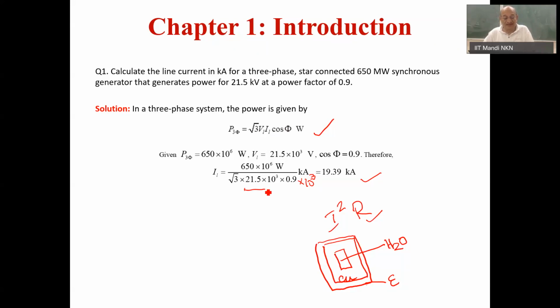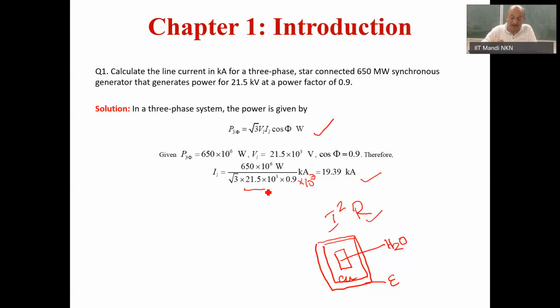Just a minute. I was just wondering whether I have said this correctly or not. This will give you directly in kiloamperes, isn't it?